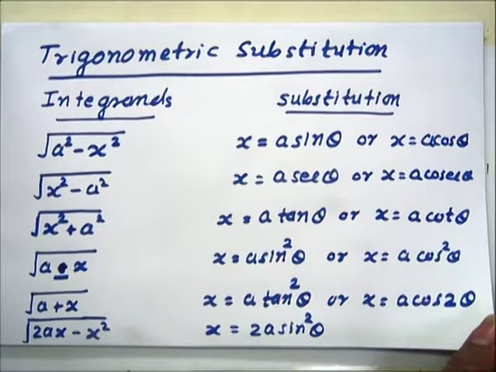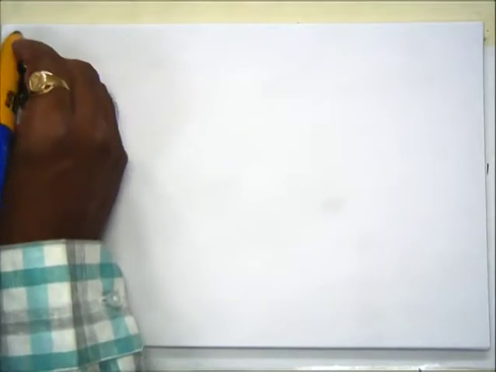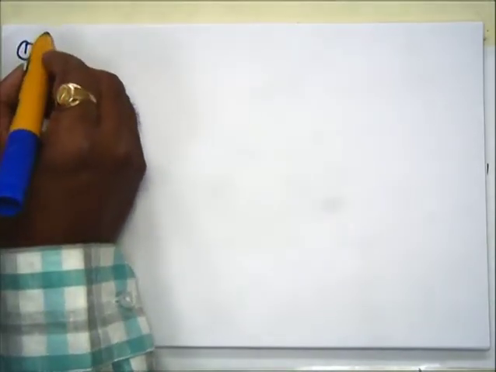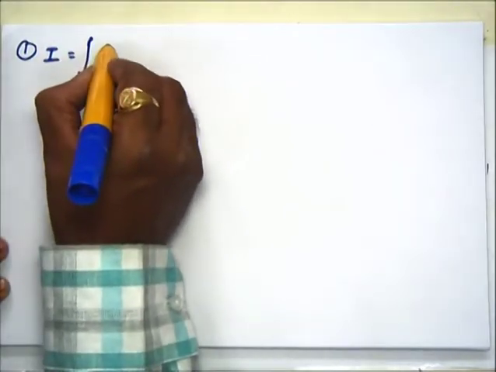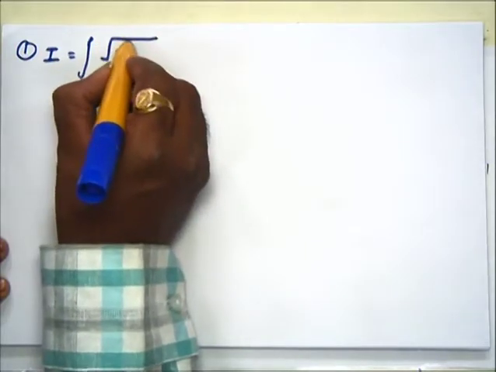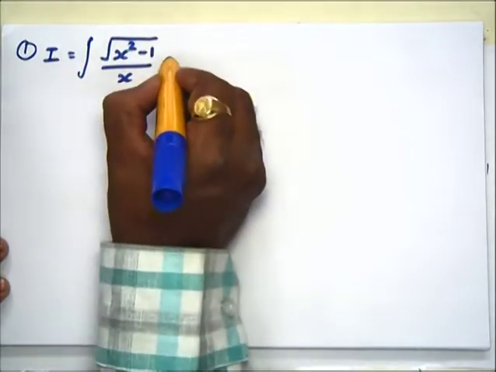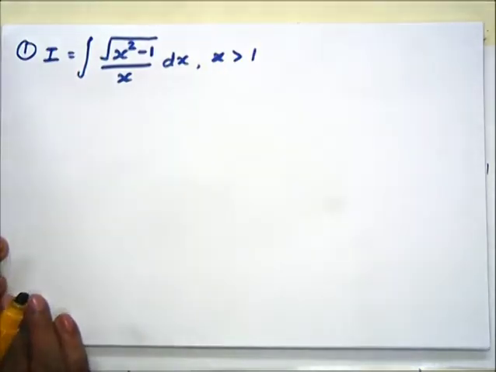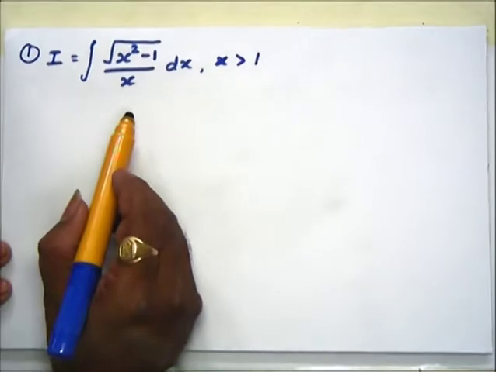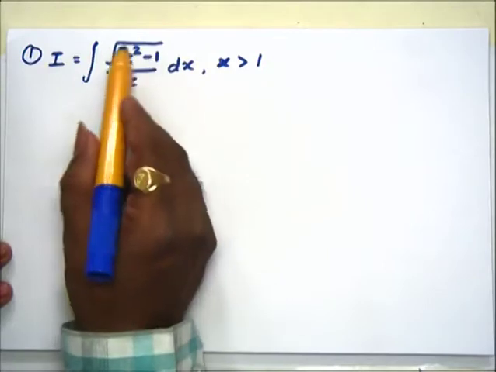Now we will see some examples on it. Example number 1. Integrate square root of x square minus 1 upon x dx, where x is greater than 1. Now we want to find the integration of this, so we have to take a proper trigonometric substitution.